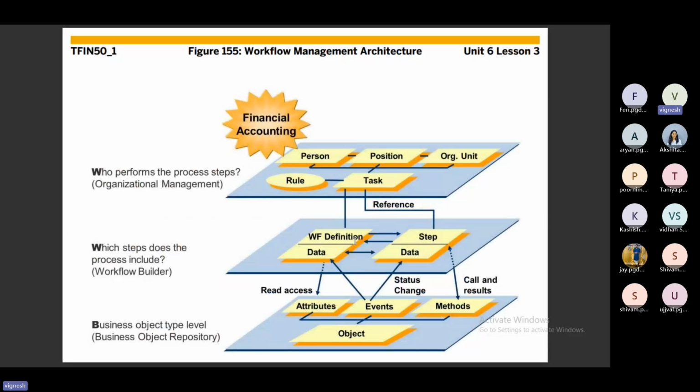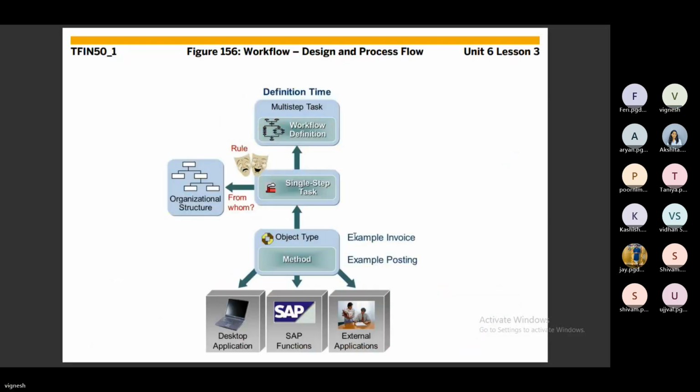And which steps the process includes: workflow builder, workflow definition, data, step, data reference. Business object type and business object repository are also managed here. So the definition of time, multi-step task, workflow definition, single-step task. All these activities are there.